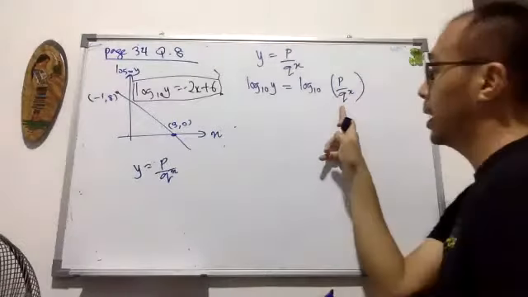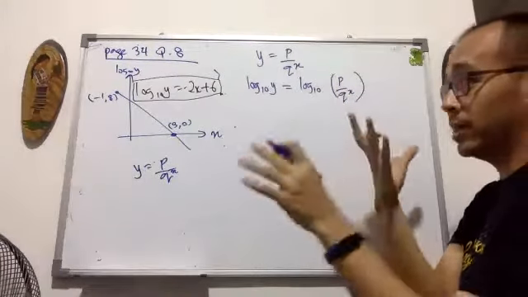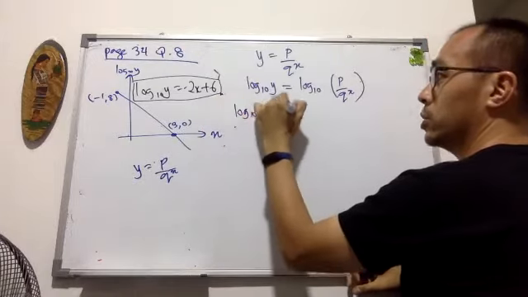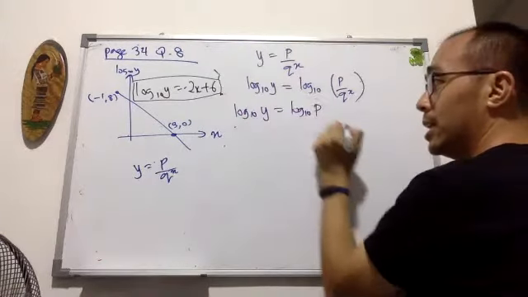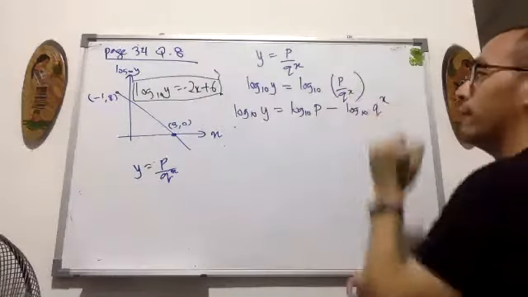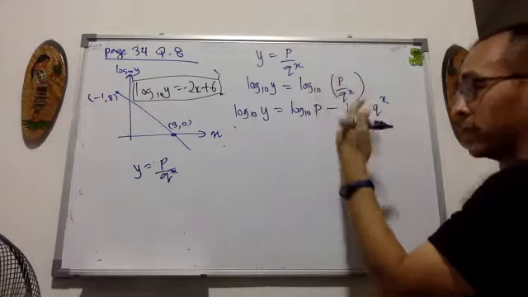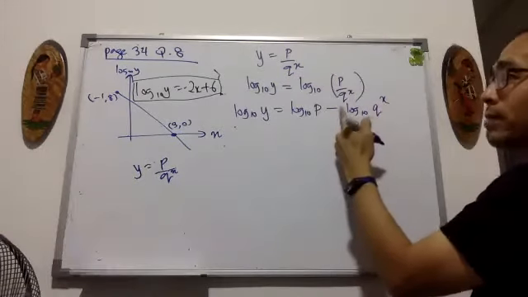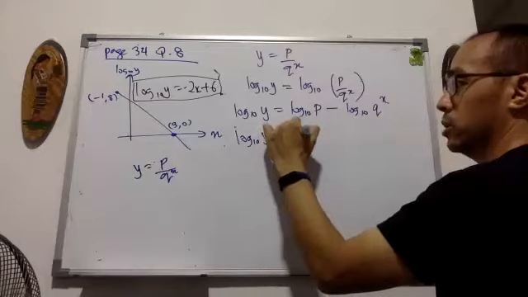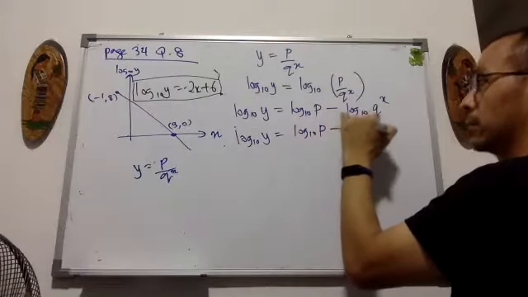Because this is divide, we can split it to become minus. So log 10 y equals log 10 p minus log 10 of q to the power of x. And then we follow the third logarithm rule, which is to bring the power in front. So log 10 y equals log 10 p minus x log 10 q.